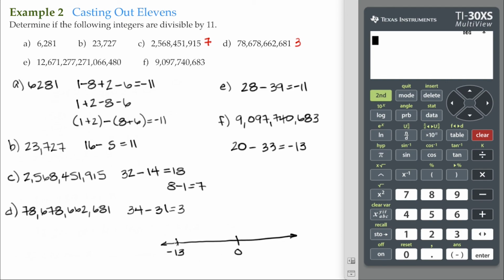So at negative 13, I come back 11. I'm at negative 2. I come back 11 more. I'm at 9. So this is going to have a remainder of 9. And as you notice, we didn't even need the use of our calculator. And there we have it.